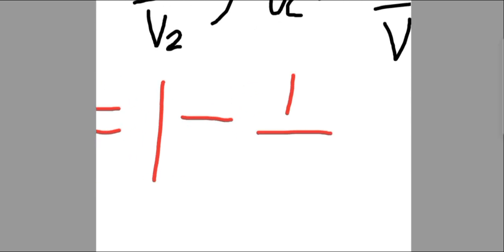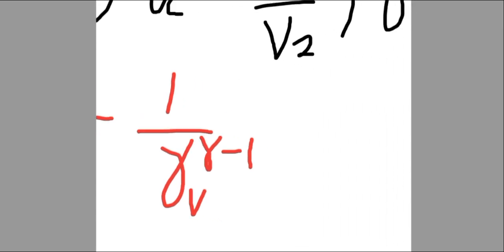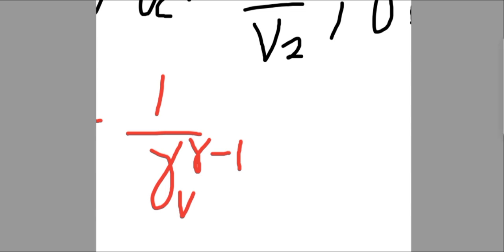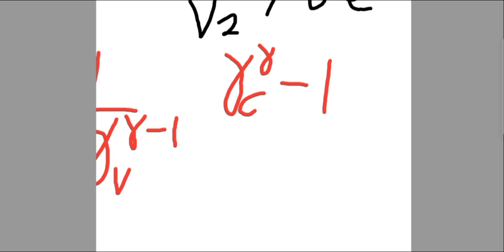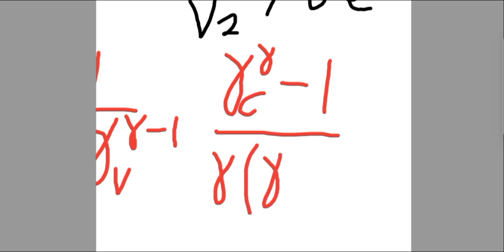We have 1 over our compression ratio first raised to power gamma minus 1, then multiplied by our cutoff ratio raised to power gamma, then the minus 1 is here, divided by our normal constant gamma here into brackets cutoff ratio minus 1.